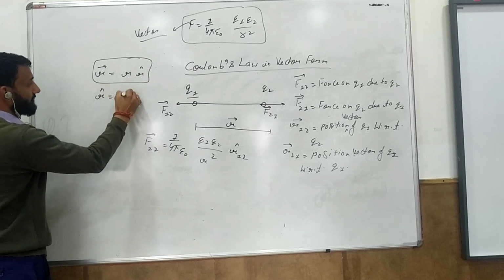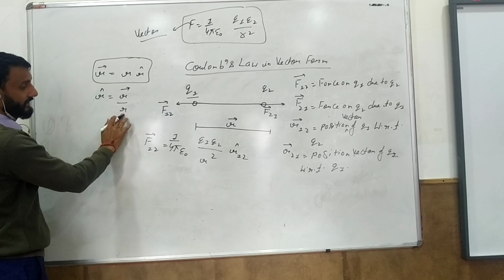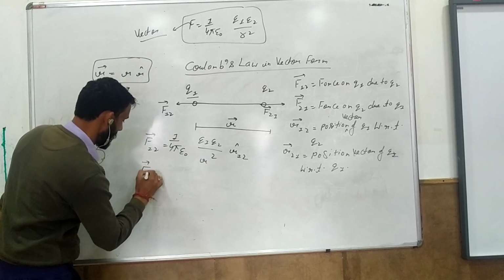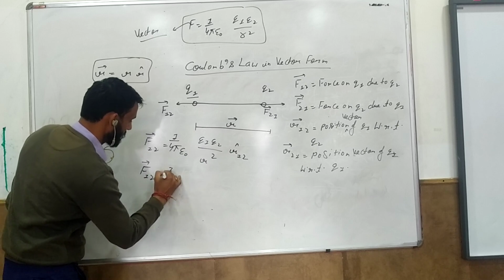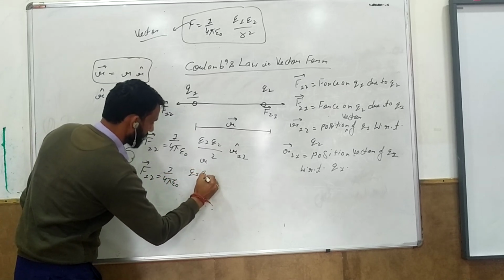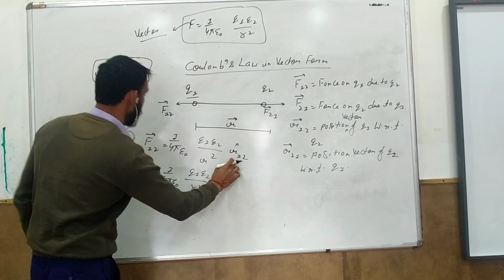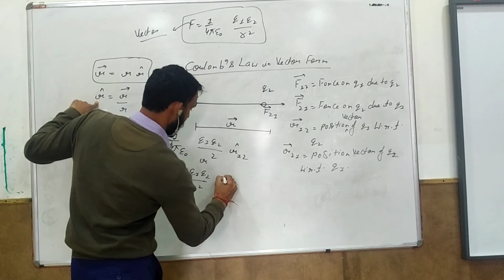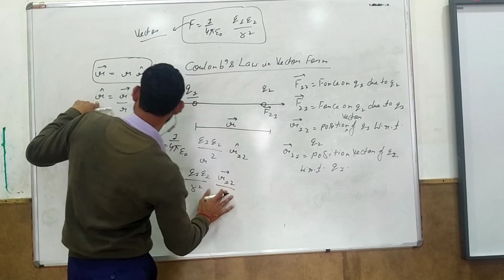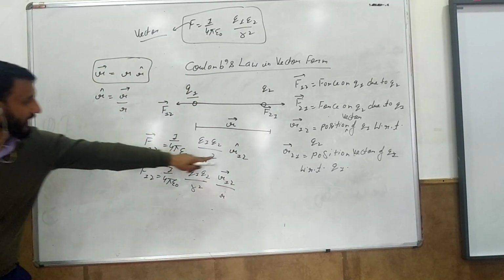R cap is equal to R vector upon magnitude of R. If I write it, F12 is equal to 1 upon 4 pi epsilon naught Q1 Q2 upon R square. In place of R cap, I'll write vector R12 upon magnitude of R.